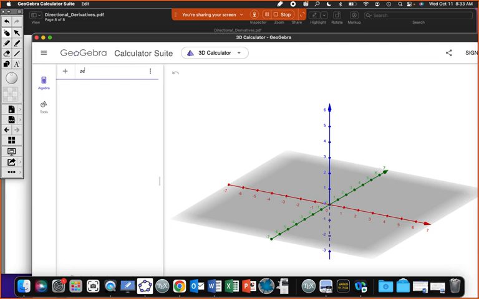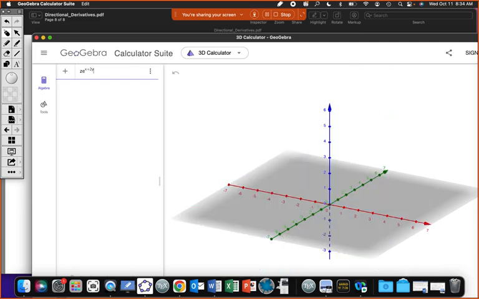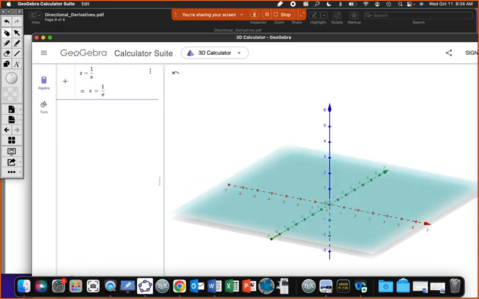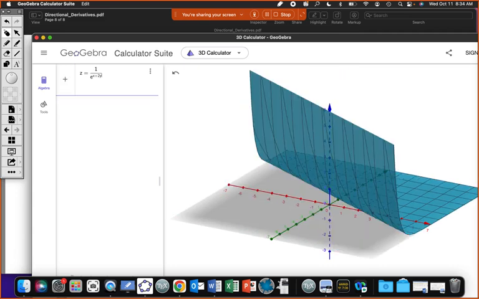The nice thing that Desmos has over GeoGebra is that it's good at doing implicitly defined functions. So this is not. So what we're going to have to do here is solve for z. If you don't care about plotting vectors, then Desmos is going to be a better option for these graphs.